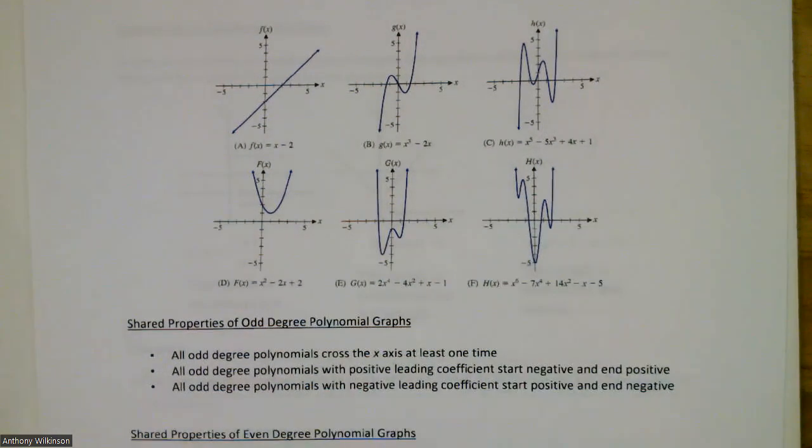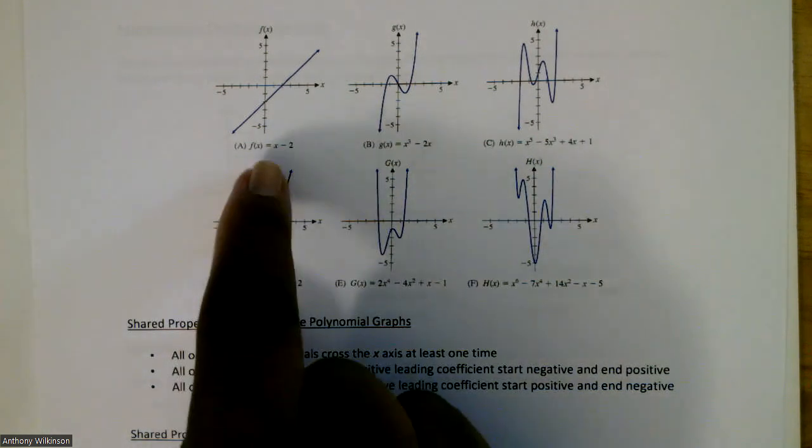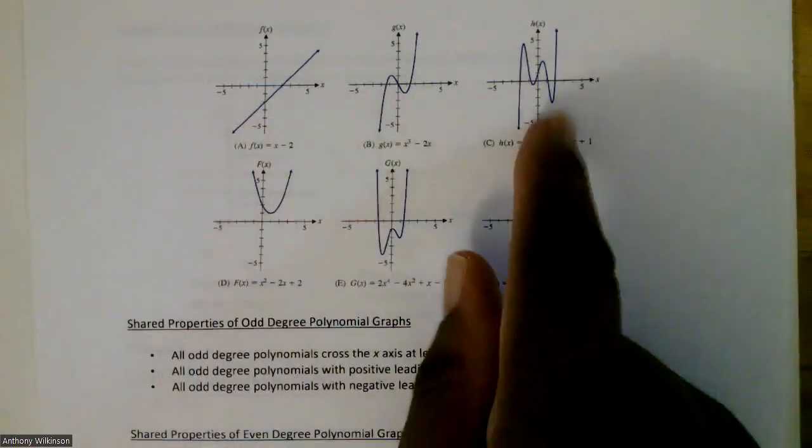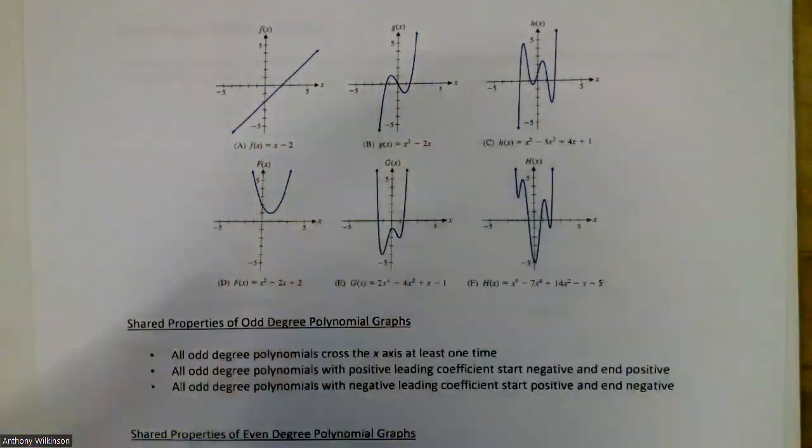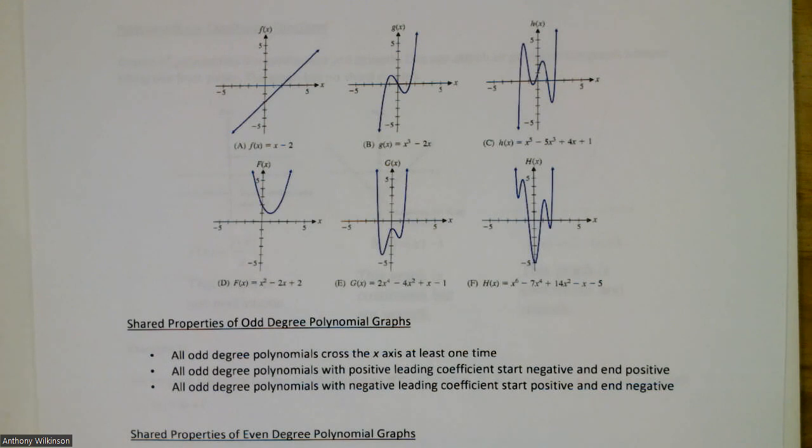Here are some shared properties of odd degree polynomial graphs. All odd degree polynomials cross the x-axis at least one time. If you look at these three graphs at the top, those are odd degree polynomials, and you can see that they're crossing the x-axis at least once.